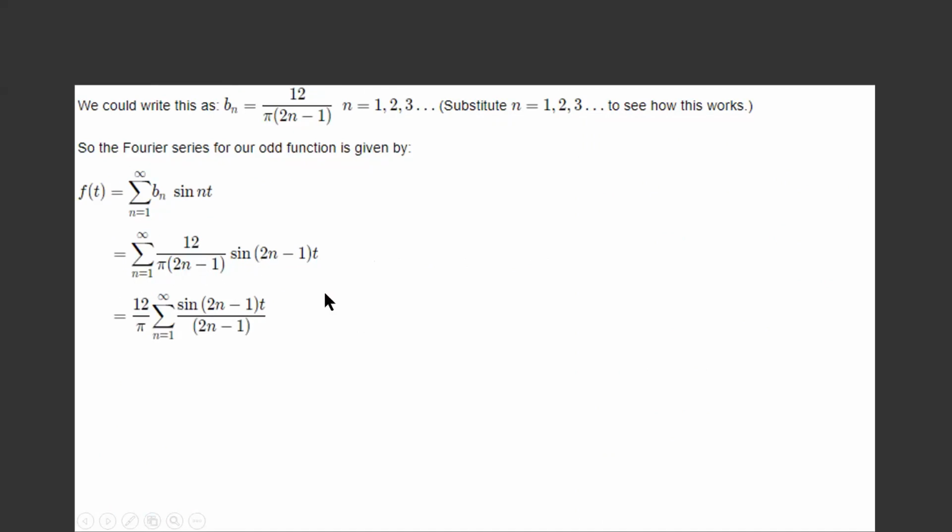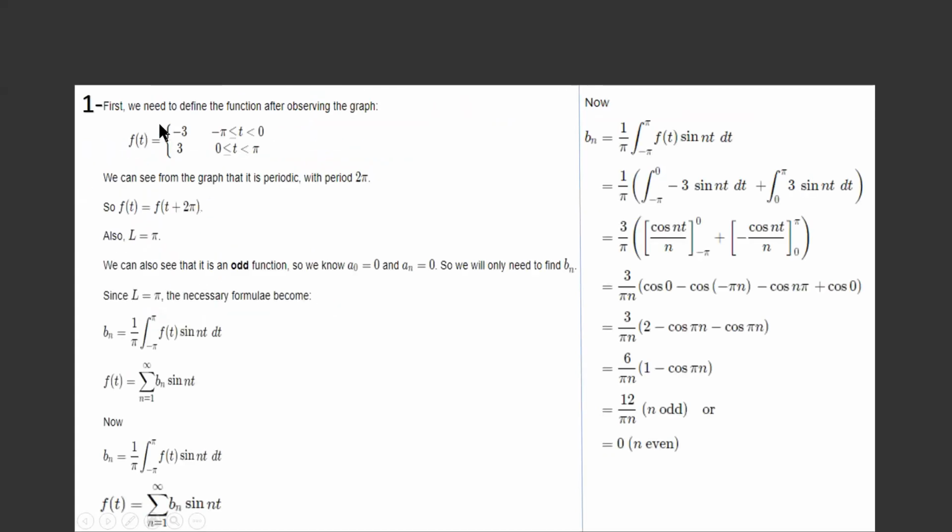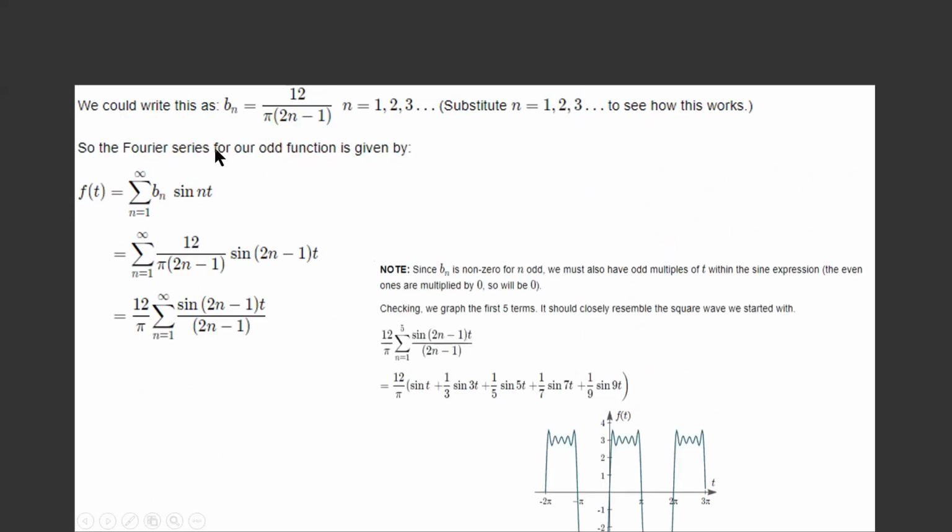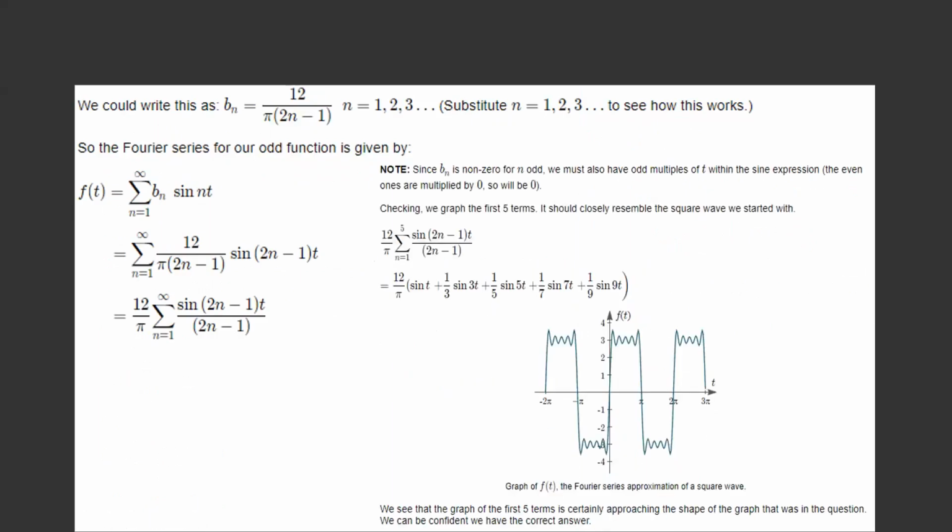So this is your Fourier series for the function f of t from minus 3 to 3. This is a half negative. This is a half positive. If you would like to graph this Fourier series, this big sum, you make it a plus, plus, plus, plus, and take 4 or 5 or 6 terms, so you will have a power series.